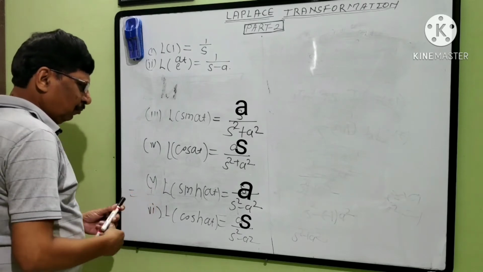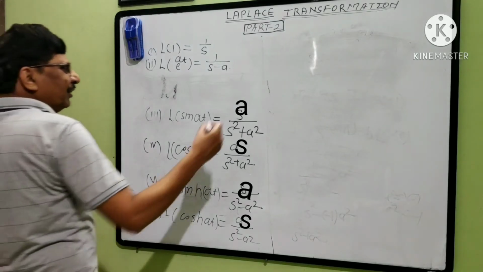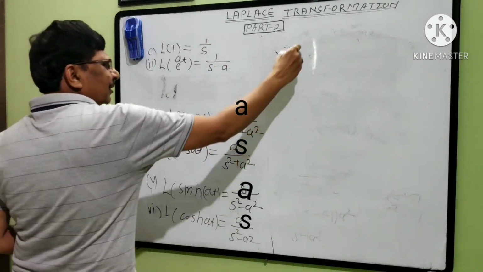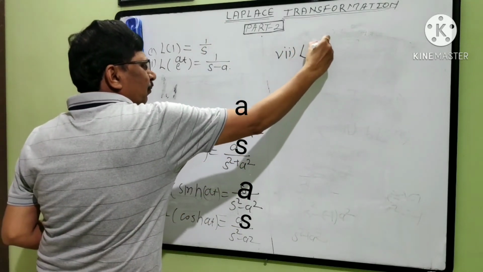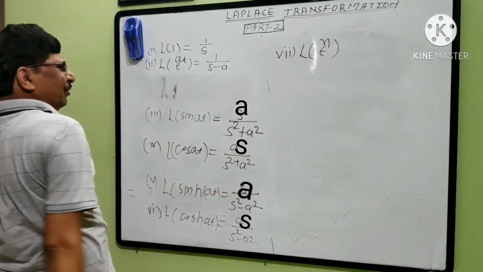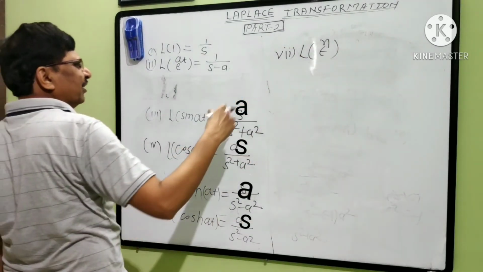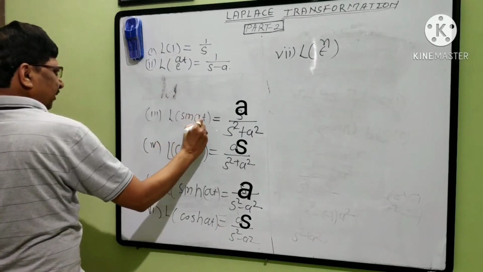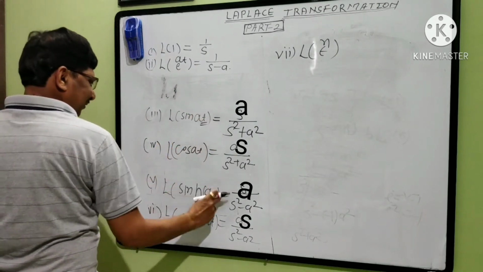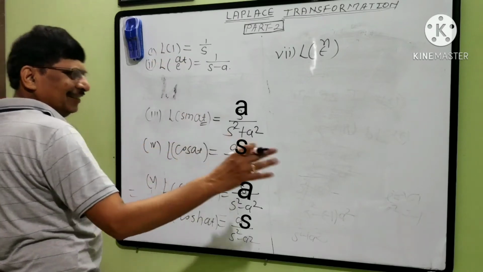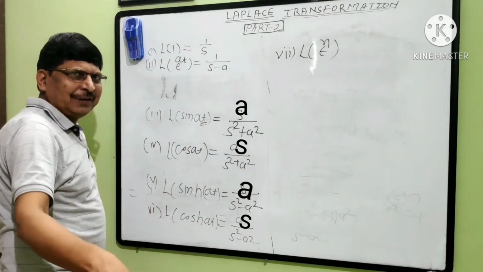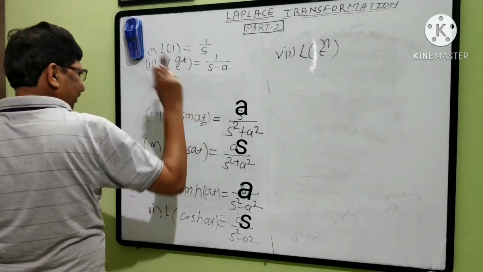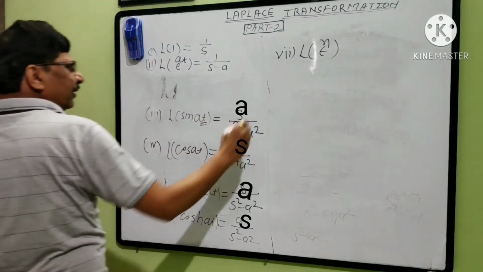Now one more formula is important. I will not derive that, but that is the Laplace transformation of t raised to n. We are going to find Laplace transformation of functions of t. Therefore I have written all these functions in terms of t, not x. In general, we have the habit of writing x in each case. Here it is t.